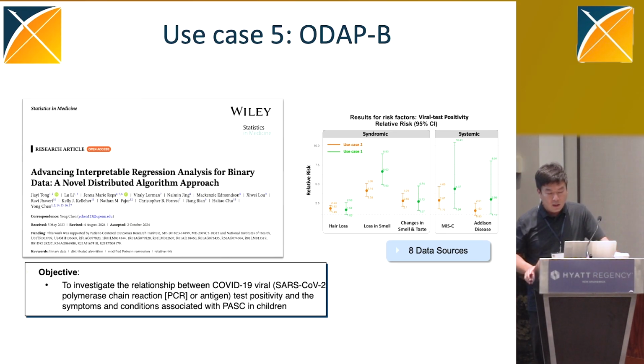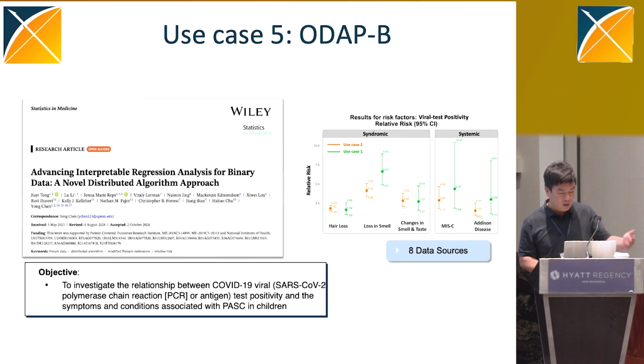For that reason, especially in epi, people start to recommend using Poisson regression to fit binary outcomes. There's a paper published in AJE, the American Journal of Epidemiology, talking about how to use Poisson regression to fit binary outcomes. So this is a federated version called ODEP.